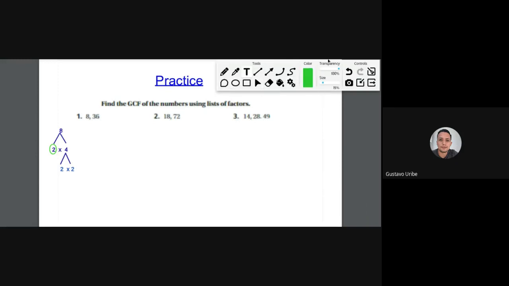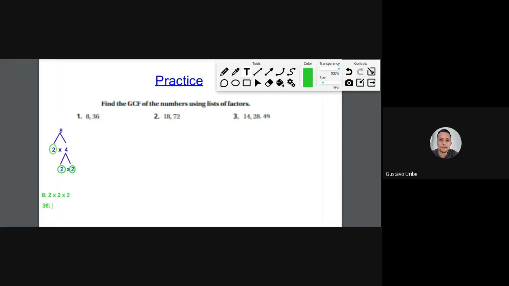And these are both prime numbers, so I'm going to circle them. And I can see that the factors of 8 are 2 by 2 by 2. So it's the prime factorization of 8.